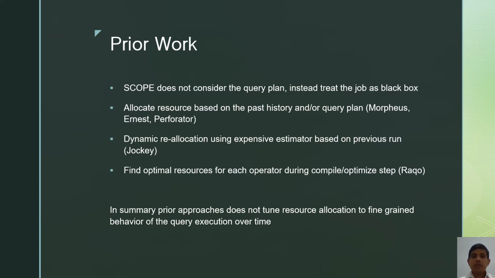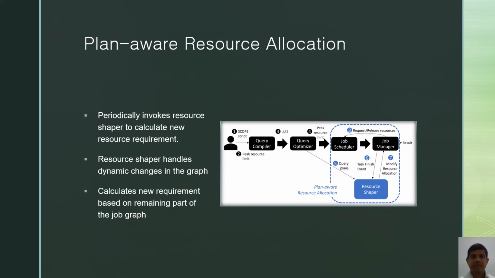But all these approaches do not look into the dynamic behavior of the query execution over time. They consider the execution as a black box. In this paper, we introduce a plan-aware resource allocation strategy.